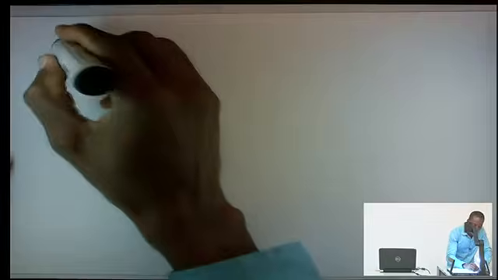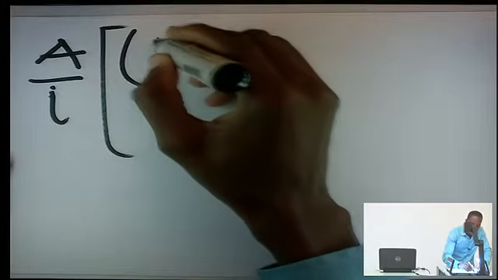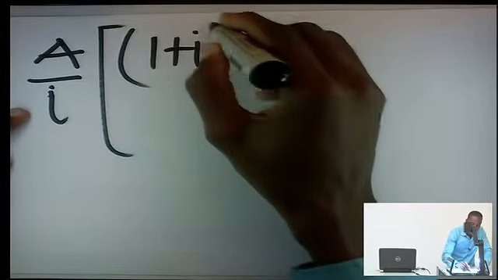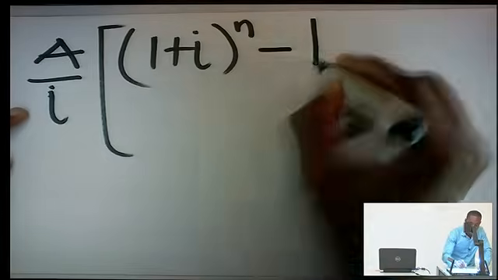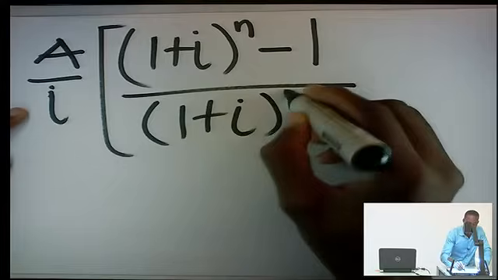When the cash flows become enormous, or the period becomes so long or so huge, we have a basic formula. And it is expressed as this. For a uniform cash flow, if you are finding the present value, what we have is A over I. You open a big parenthesis and you do 1 plus I to the power n minus 1, all divided by 1 plus I to the power n.